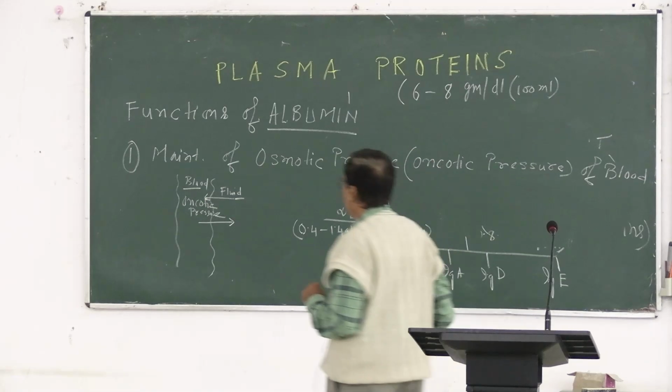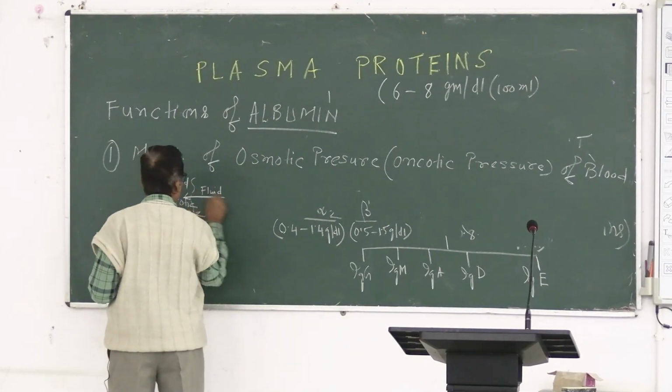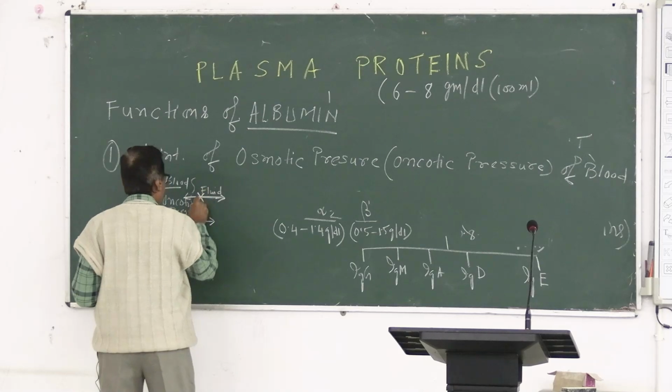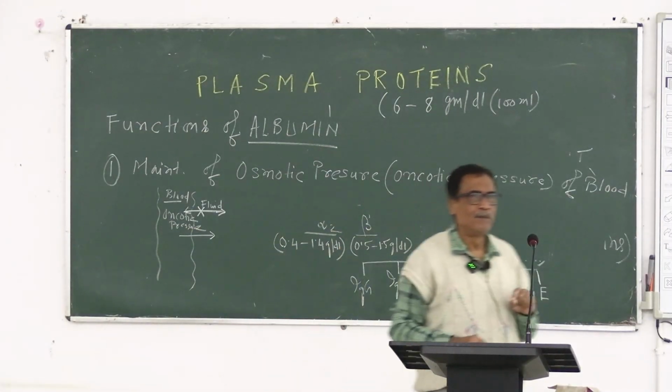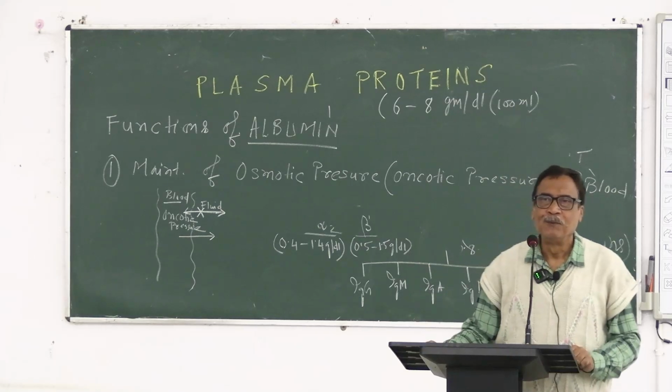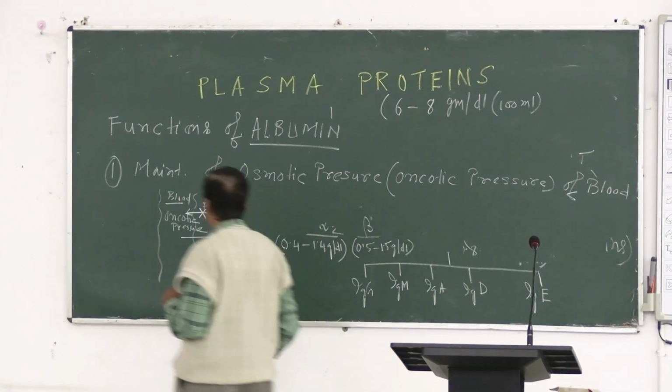Oncotic pressure prevents it; the opposite will be prevented. But when oncotic pressure is lowered down, it cannot counter, and hydrostatic pressure takes exactly the opposite effect.